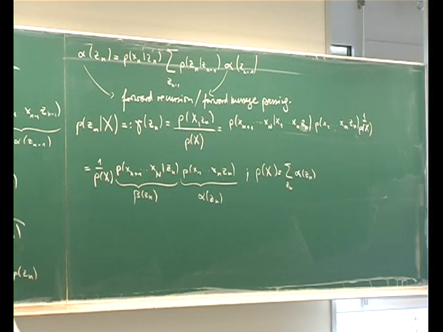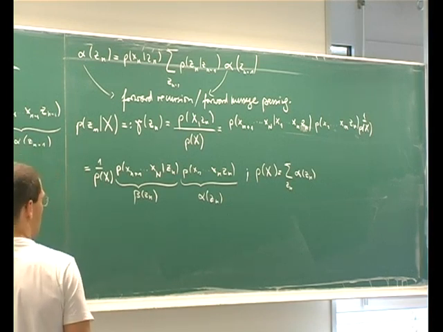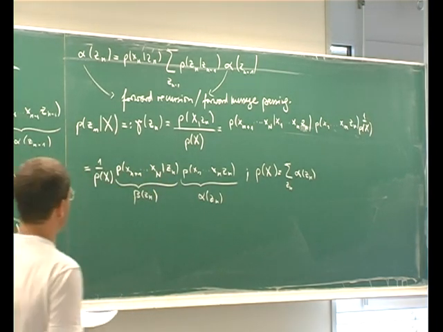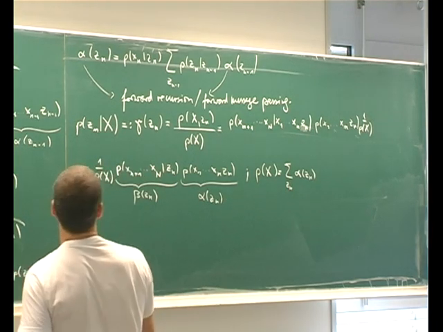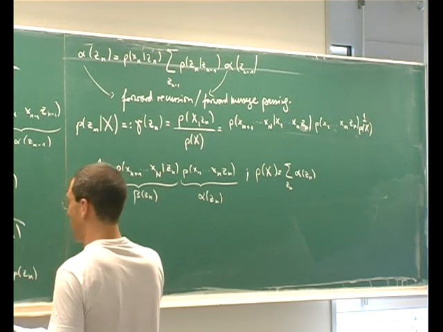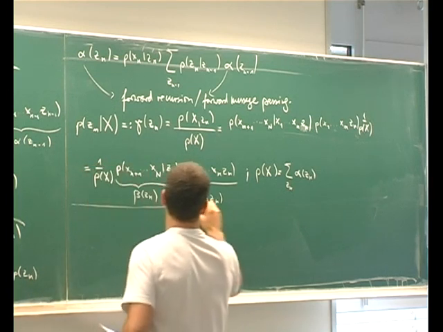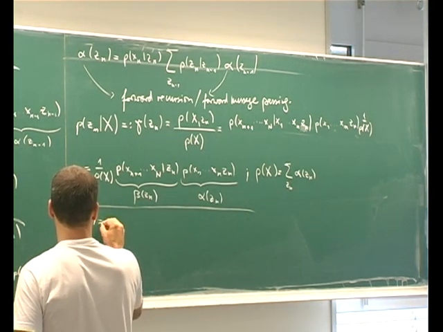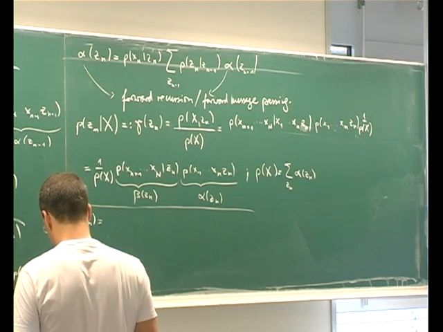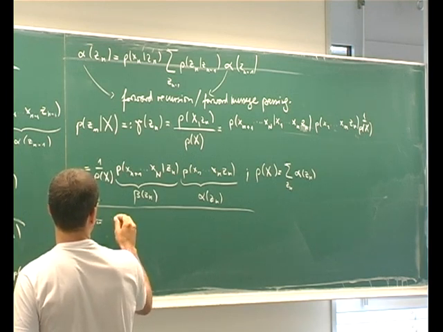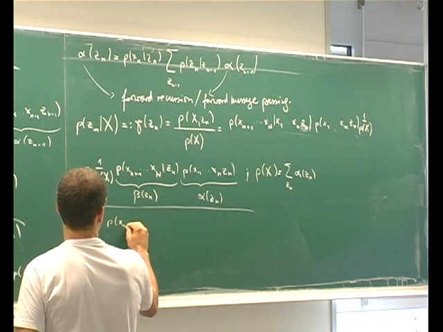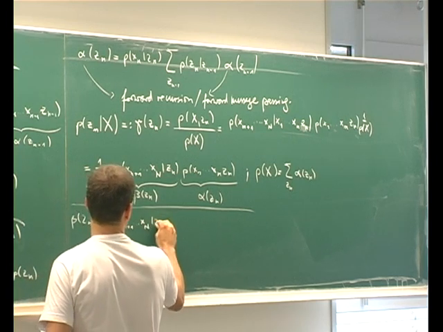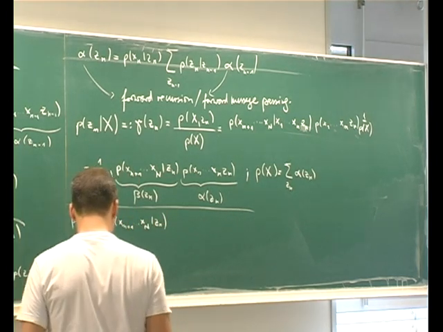Okay, and to finish off with alpha and beta, as the last thing before the break, we will also derive a recursion for this beta, because it turns out that we will need this factor later on. So beta of Zn is defined as the observations at times n plus 1 up to the end, conditioned on the hidden state at time n.